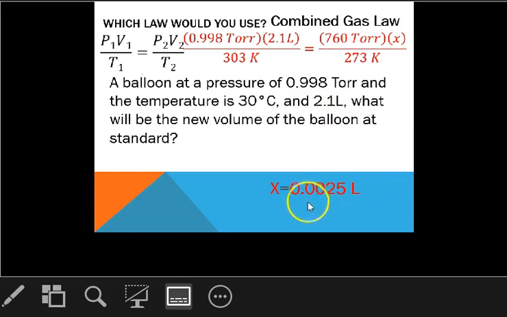So your new answer is 0.0025. Now your calculator could come out in scientific notation. So if your calculator says 2.5 e negative 3, that is the same number as 0.0025. You have to know that. That's part of our curriculum.